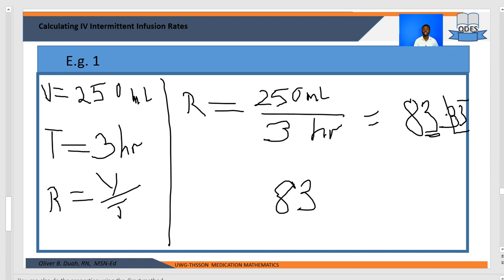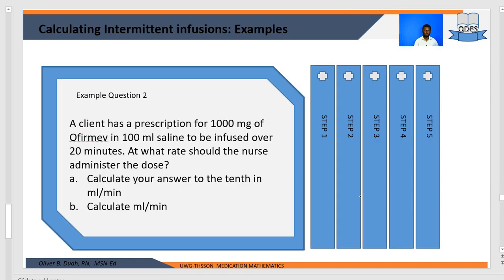So 3 is less than 5, and so we are going to drop everything after the decimal place, and our answer to the nearest whole number is going to be 83 ml per hour. This is going to be our answer.